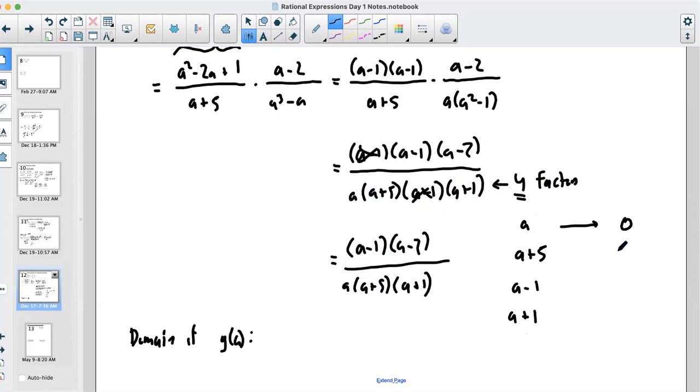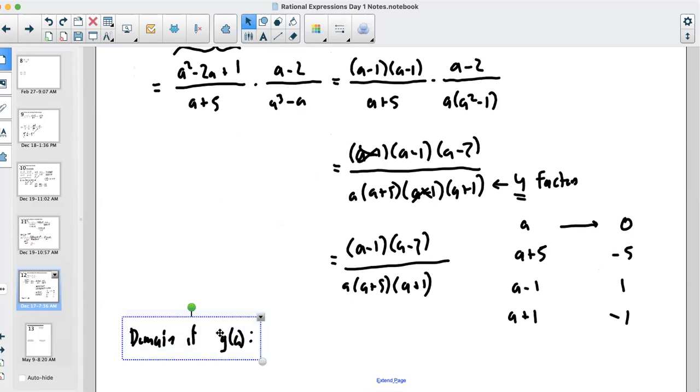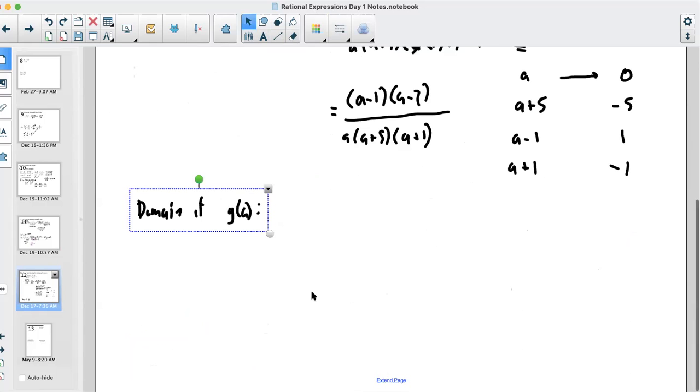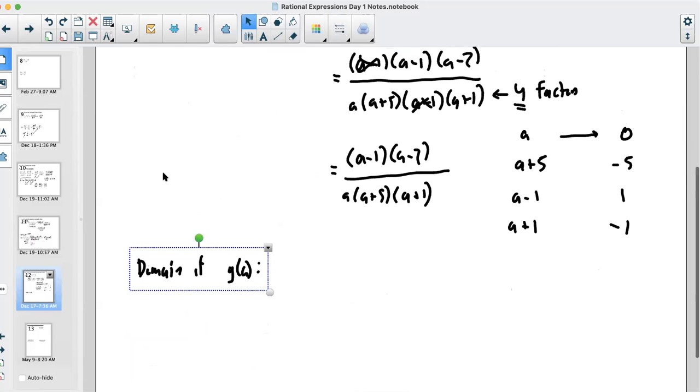I get 0, I get -5, I get +1, and I get -1. So these are all the values that make this expression 0, which means these are all the values that make this function undefined, which means I want to write a long, silly piece of interval notation that expresses all the numbers except those 4.